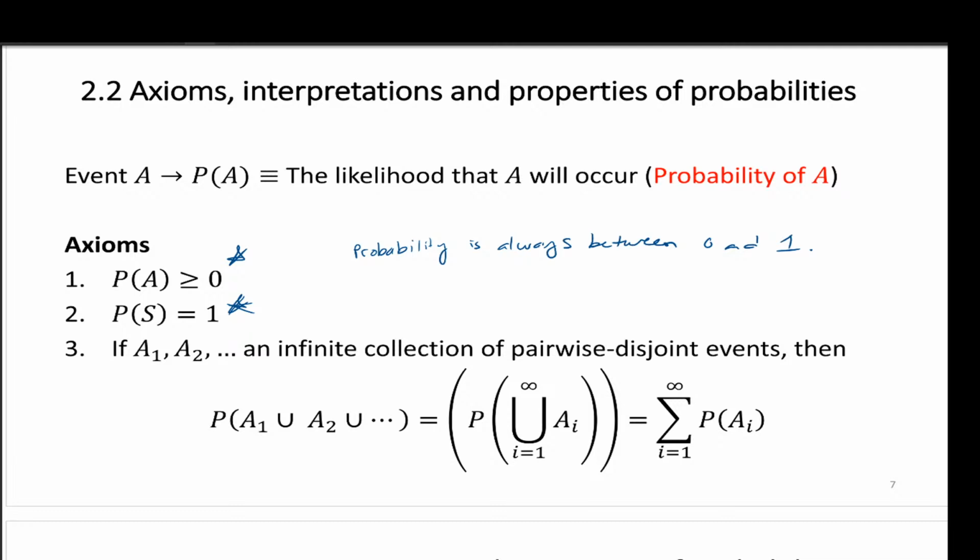Now the third axiom of probability, it kind of makes sense, but you have to really dig in to see what's going on there. The third axiom says if A1, A2, etc. are an infinite collection of pairwise disjoint events, then the probability of the union is just the sum of the probabilities. So basically, Ai intersect Aj equals the empty set if i is not equal to j.